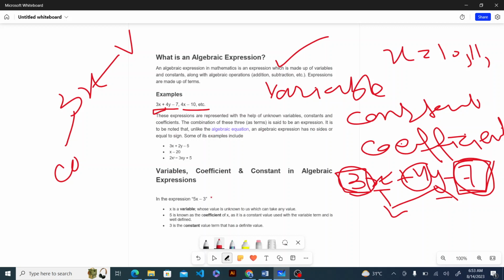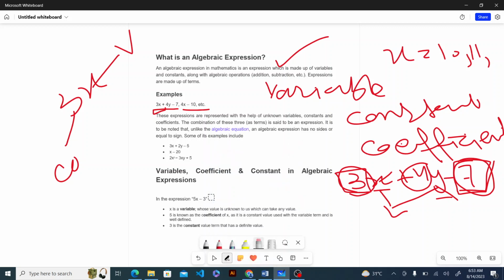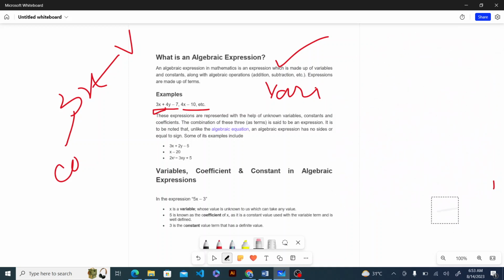Some of the examples include. If you have any idea about algebraic equations, let me write them for you. If you are asked about algebraic equations, in an equation there is always an equal to sign. 2x is equal to y, let's suppose.